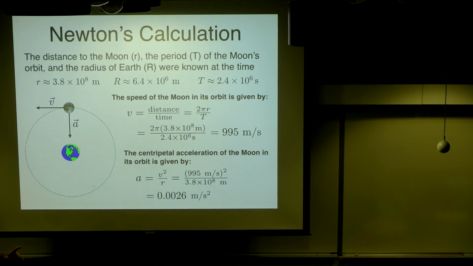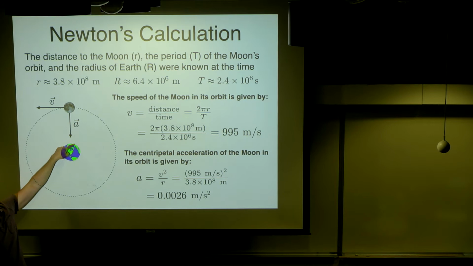And here's what Newton realized, okay? If we're right here on the surface of the Earth, what is our free fall acceleration? If I just drop something and it falls, what is its free fall acceleration? Yeah, so right at the surface of the Earth, acceleration is 9.8 meters per second squared for an object in free fall.